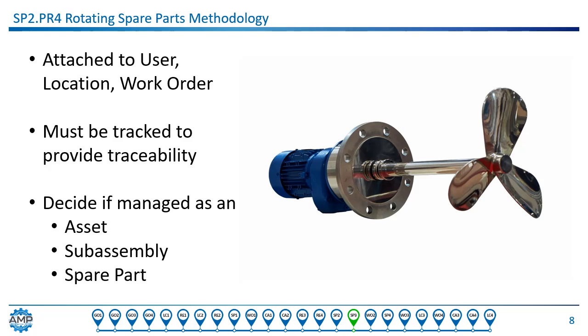First, we acquire the rotating spare part. In the case of the agitator, we either specify the agitator as part of a tank package installation, or we bought the agitator as a spare for existing agitators that are already installed and operational. In the first case, the agitator is a subassembly of the tank. In the second, it is more like a spare part, but if it costs a lot, it might be an asset. The key is in understanding the intended use of the agitator.